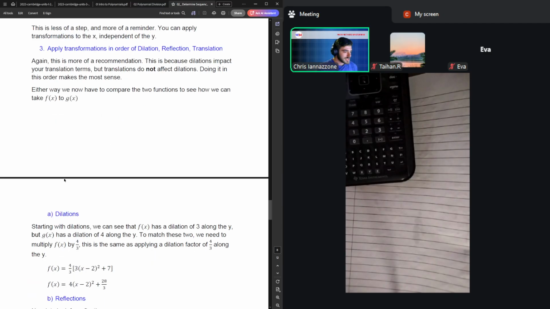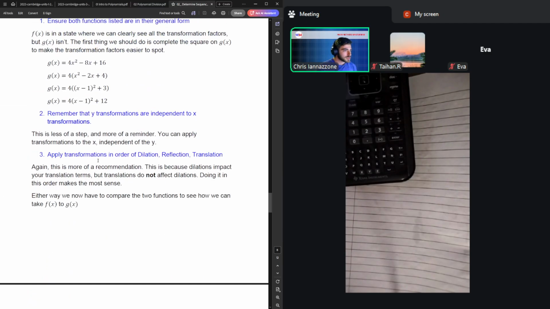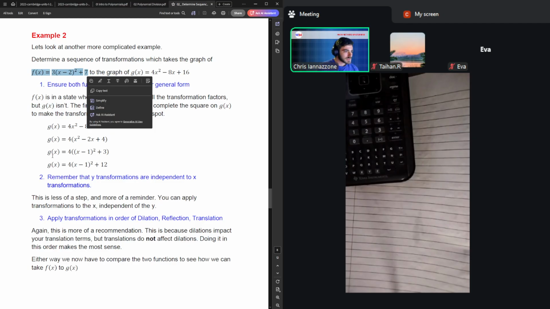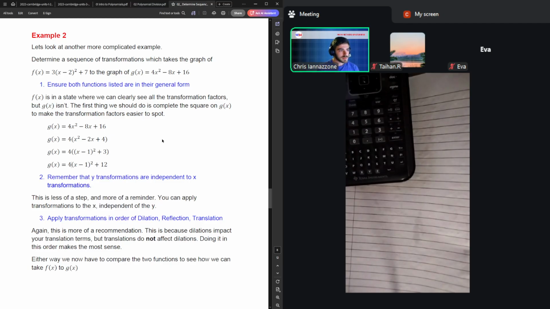So, starting with our dilations, we want to compare the 2 functions that we have, f and g. This one has a dilate of 3, this one has a dilate of 4. If I want to go from 3 to 4, I have to figure out what number I multiply 3 by to make it into 4.